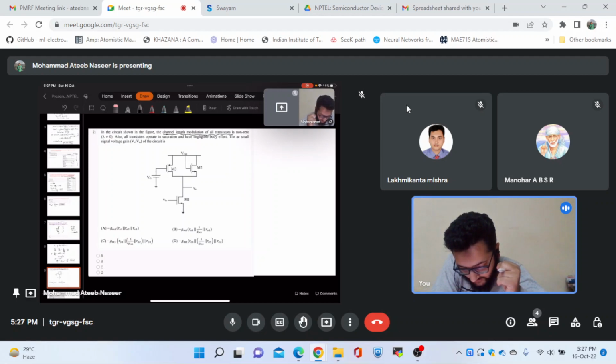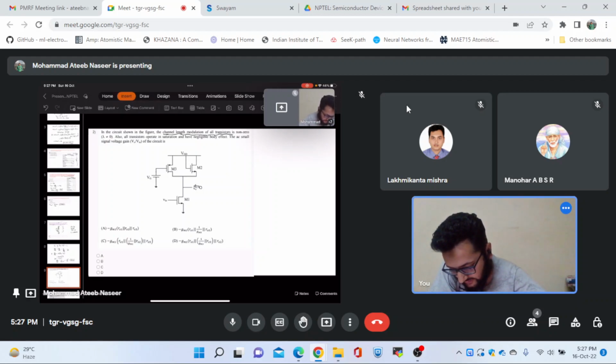We have been told to find the small signal voltage gain, that is Vo by Vin, and Vo is over this terminal. Now let us draw the small signal model. We can do it even without that, but let us draw the small signal model first.